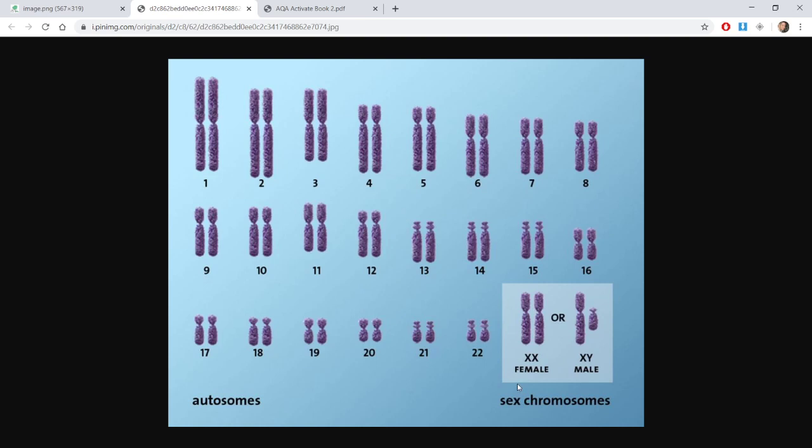There's this little box down here which shows these two types of chromosome, X and Y. Depending on how you pair together your X and Y chromosomes decides whether you're going to have male or female characteristics.